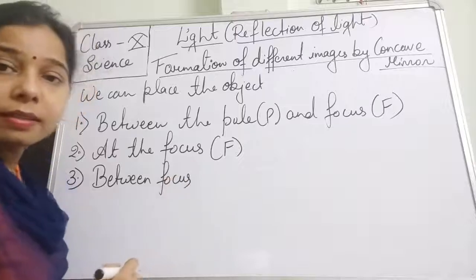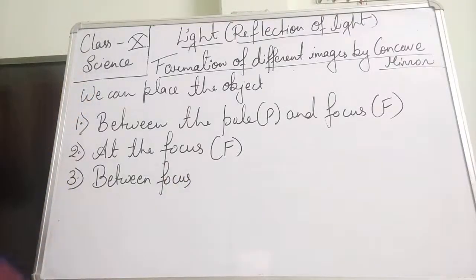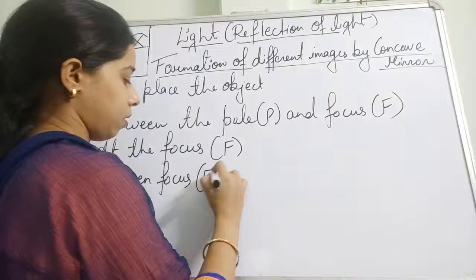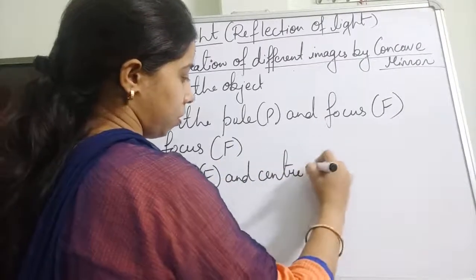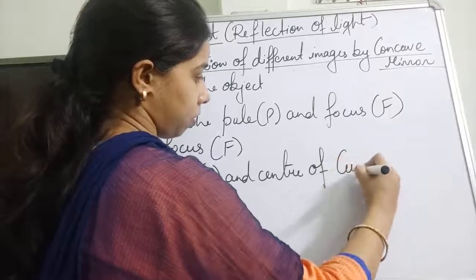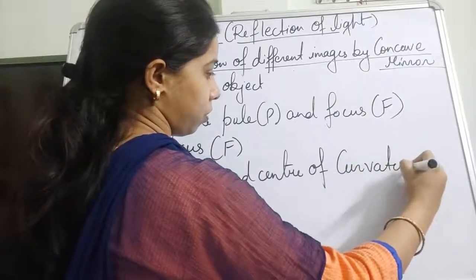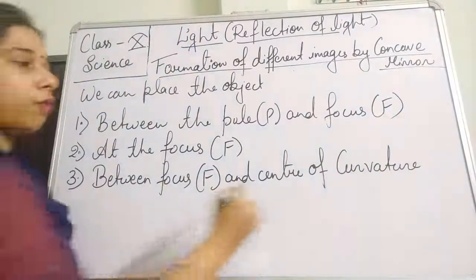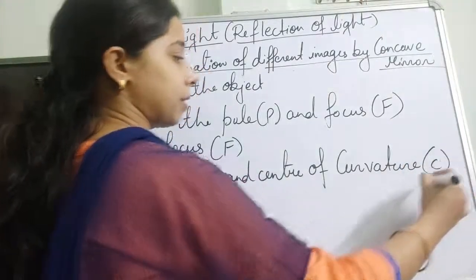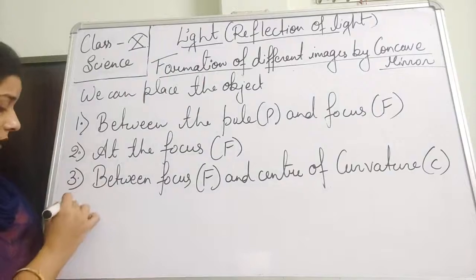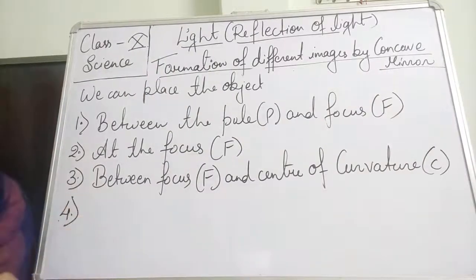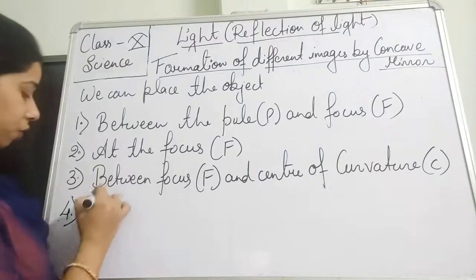Between focus and center of curvature. Center of curvature is represented by capital C here. Then the fourth one is at the center of curvature.